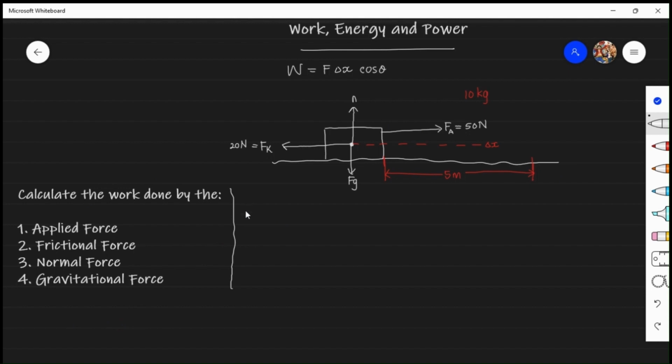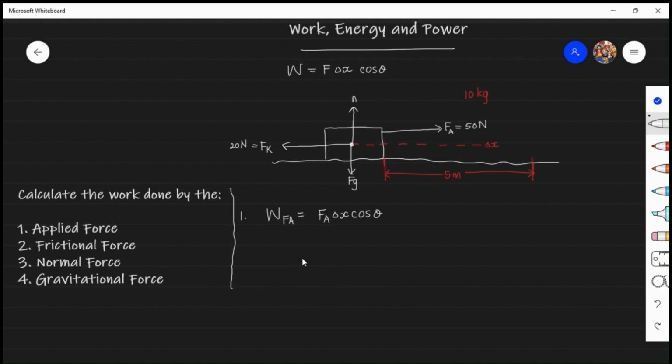Question number one, let's put in our formula. Because we are calculating the work done by applied force, we can add our subscript FA to indicate that this is the work done by applied force. And by our force, we can add the subscript A to denote that this is the applied force.